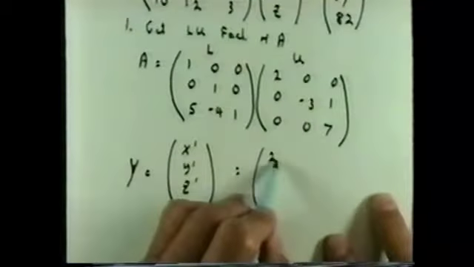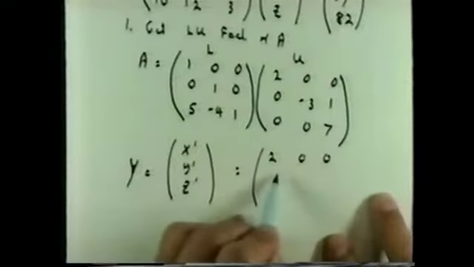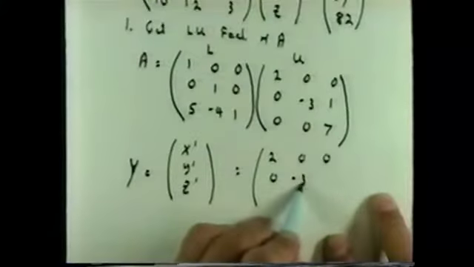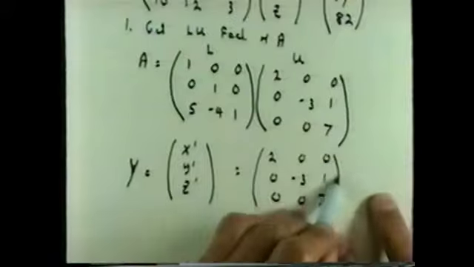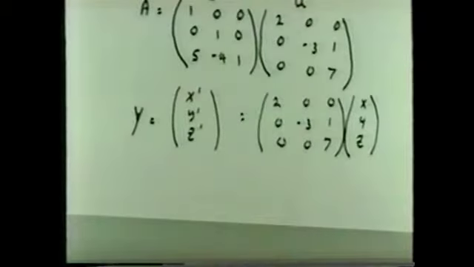So that would be 2, 0, 0, 0, negative 3, 1, 0, 0, 7, and X is x, y, z. We're not going to do anything with this at the time except just let Y equal UX. That's all we're going to do now.